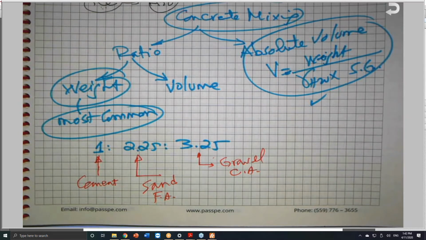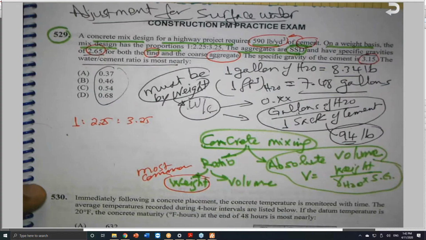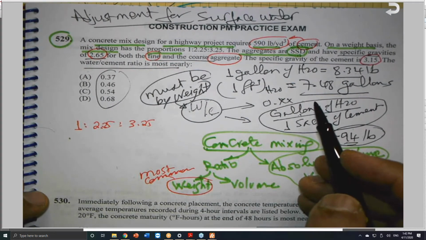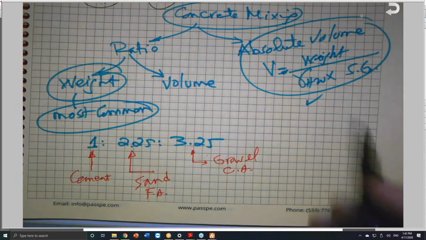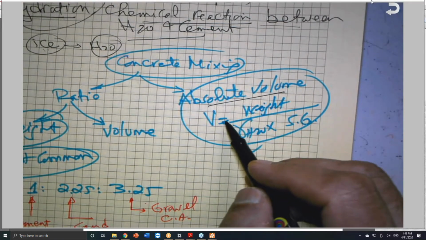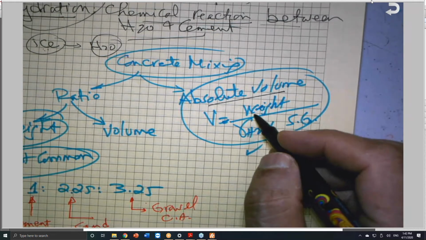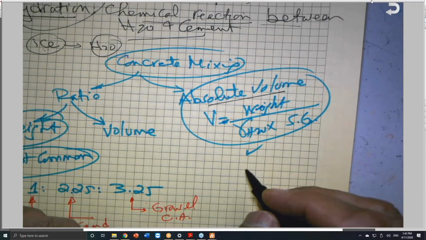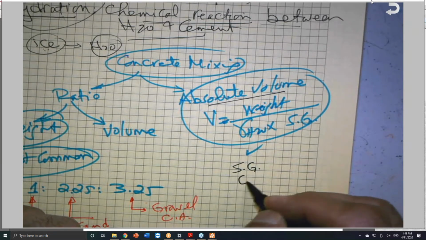So going back to this problem, which we can solve together, I need you to remember this equation. This equation is so powerful. This one here, the absolute volume equation. And this equation, by the way, is not strange. We know it, because what is specific gravity? What is G or GS?